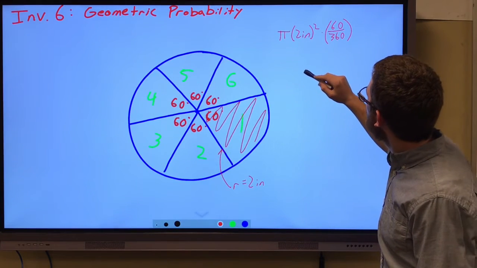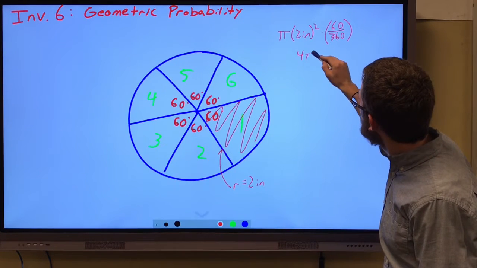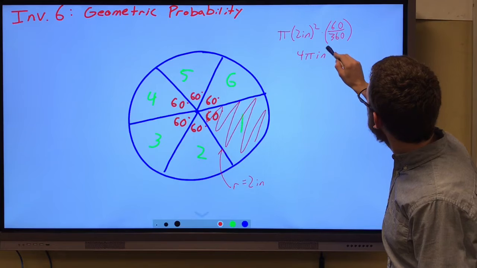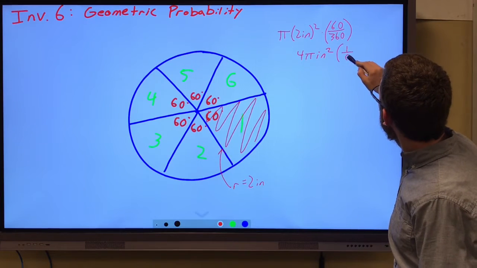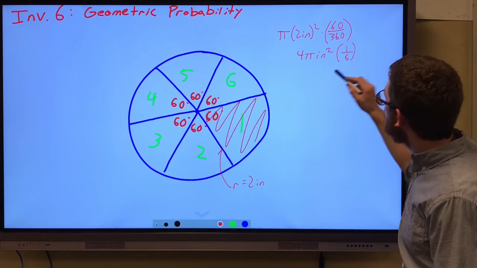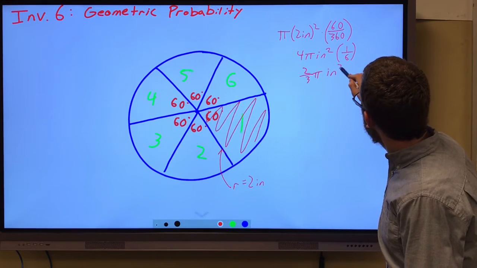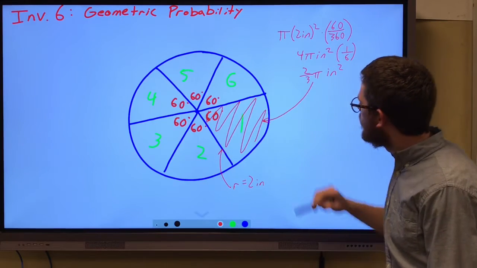And 2 squared, of course, is 4, so that's 4 pi square inches times a sixth, and 4 times a sixth gives us 2/3. So this is 2/3 pi square inches is the area of that sector.